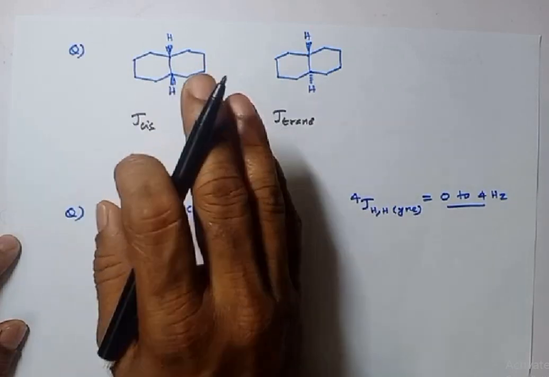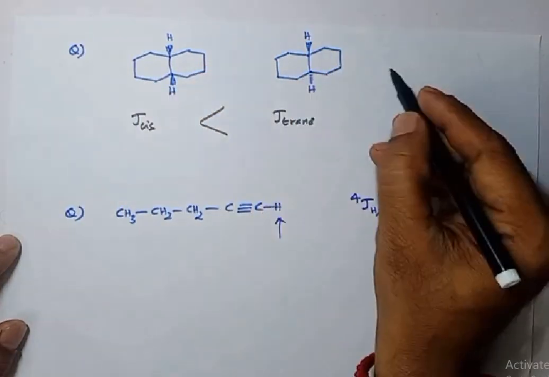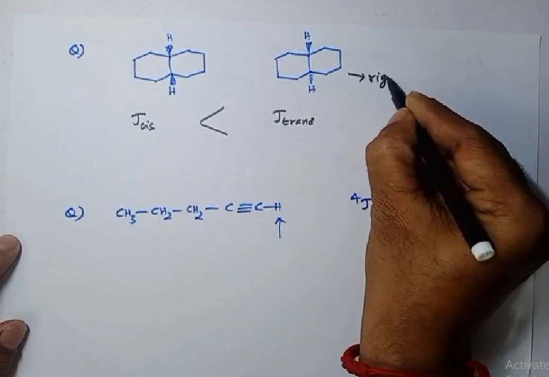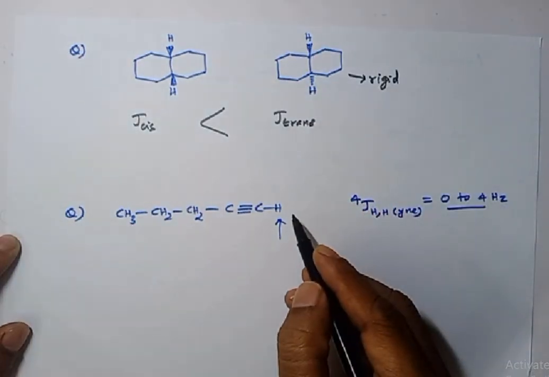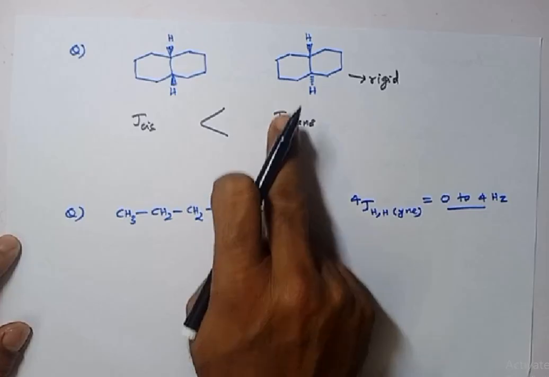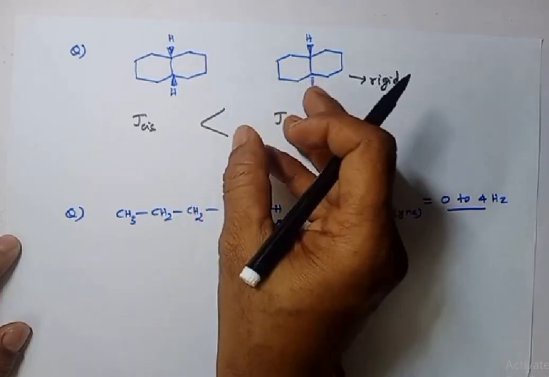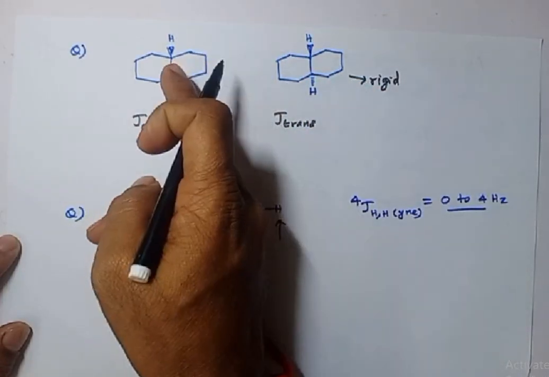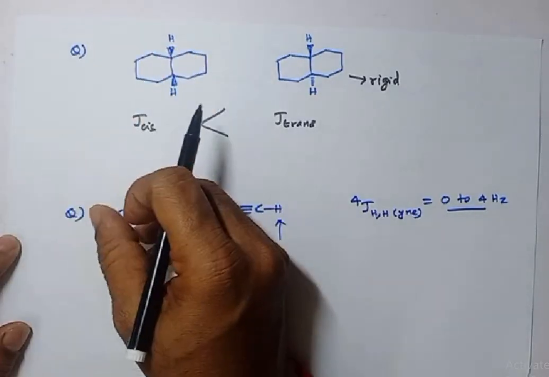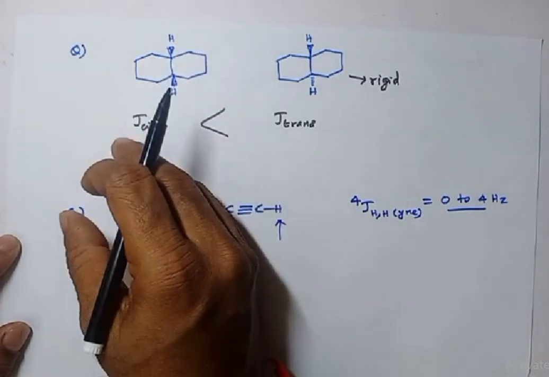Generally, this is actually a rigid system. Trans is a rigid system, so we get a coupling constant which is a larger value. Whereas cis-decalin is highly flexible.